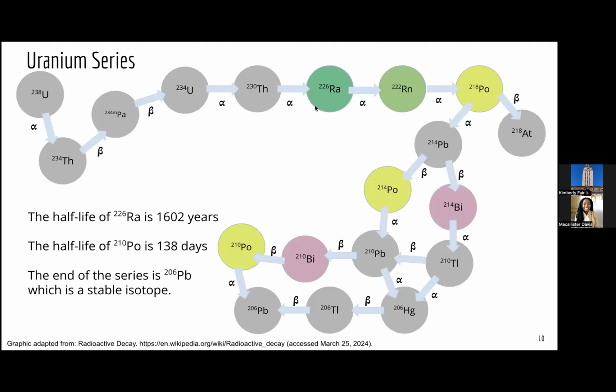Here we can see the uranium series, which shows the transformation from uranium all the way to lead-206, which is a stable isotope and non-radioactive. As we can see, there are several elements that become the daughter nuclei here. And the half-lives can range anywhere from femtoseconds all the way up to thousands of years.